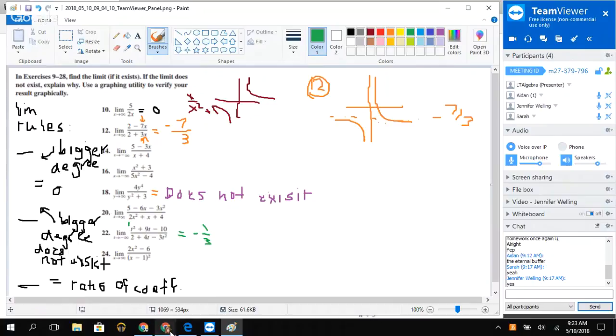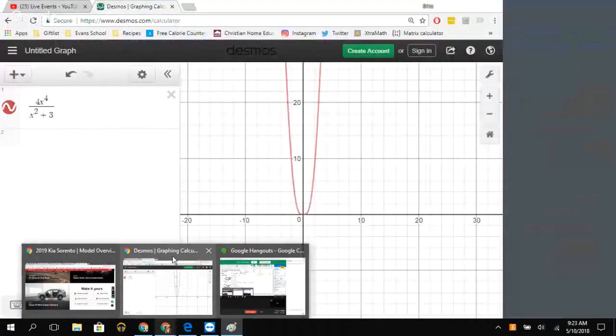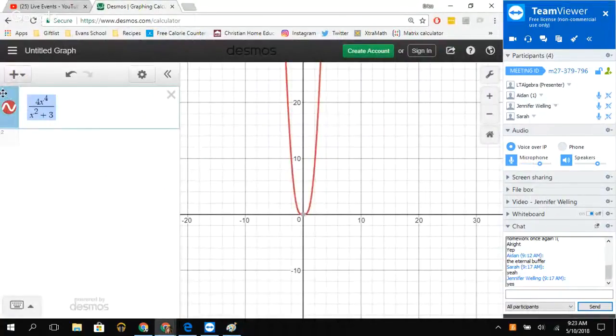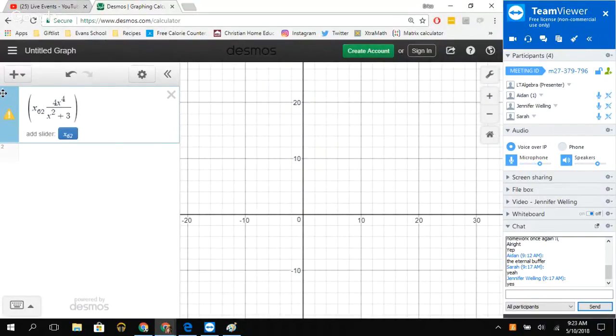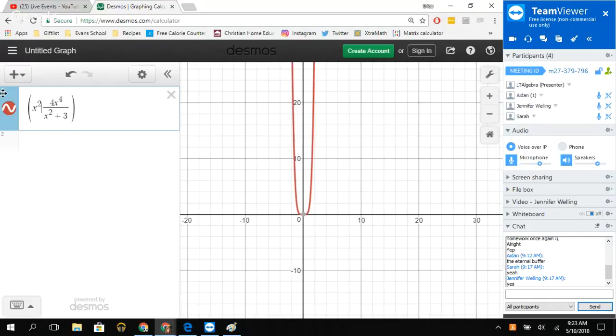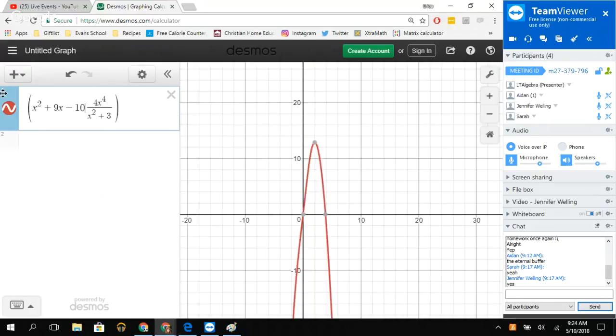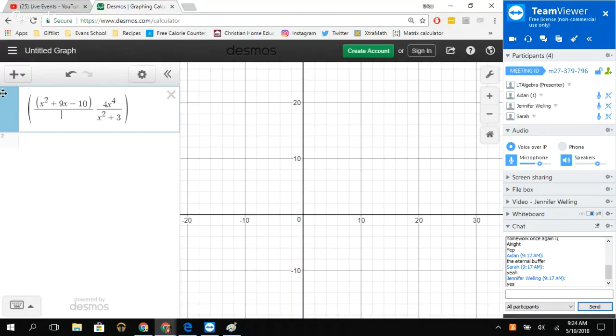And again, we can graph it if Desmos wants to. So we'll do x squared plus 9x minus 10 divided by, I have a whole mess going on here.